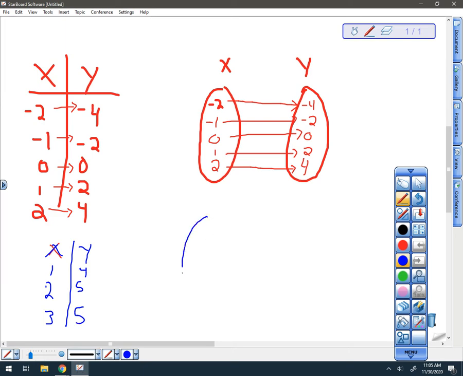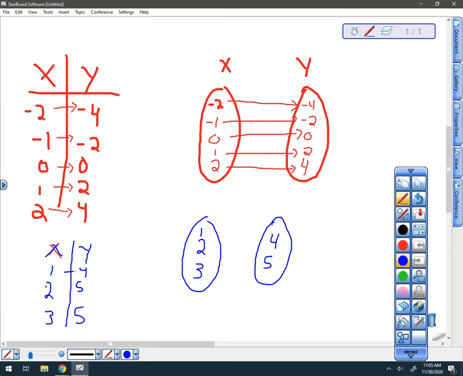So you draw your map, two ovals, and now on the x side, I've got a 1, 2, and a 3, so I put them smallest to greatest. And on the y side, I've got a 4, 5, and a 5. I've got a 4 and a 5, and you don't write any number more than once. So I wouldn't write 4, 5, 5. I would just put 4 and 5. You don't repeat any numbers.